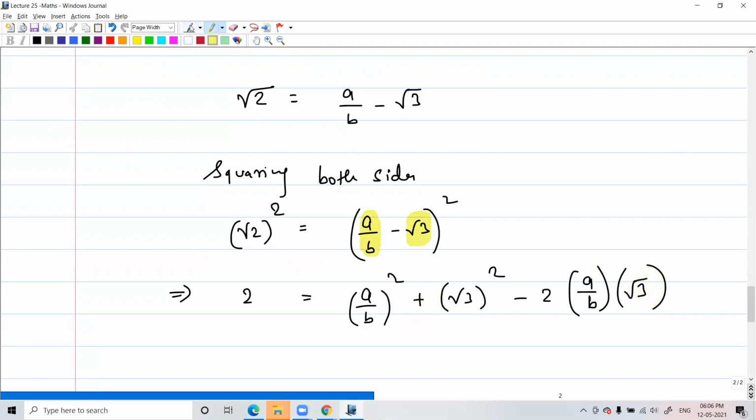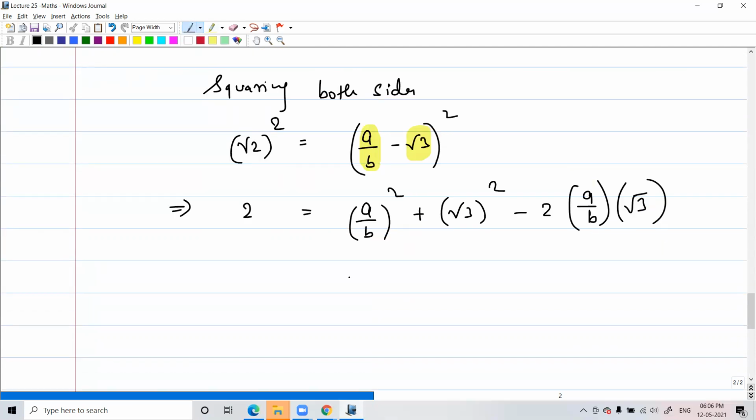This is the irrational part which we want. The rest of the things will become rational. So this is 2 equals a square by b square plus 3 minus 2a by b root 3, or 2a root 3 by b, whatever. Root 3 is in the numerator over here.